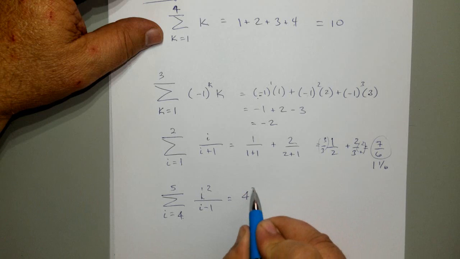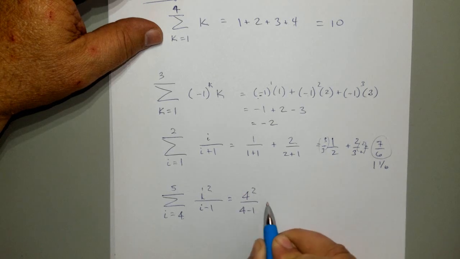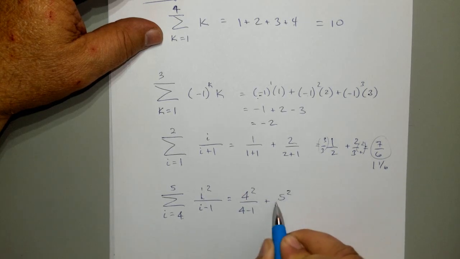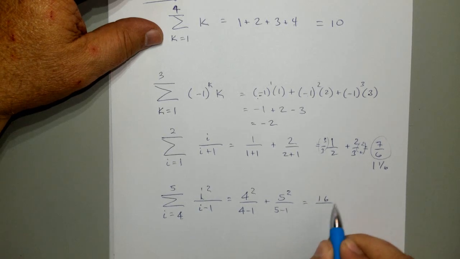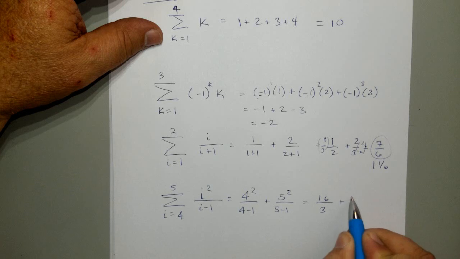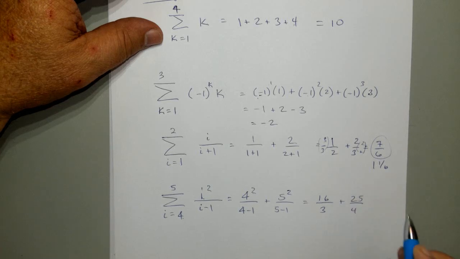Starting at 4, go to 5. 16 over 3, 25 over 4.